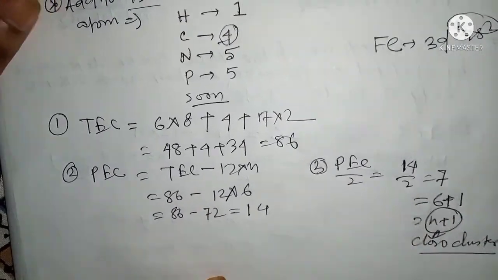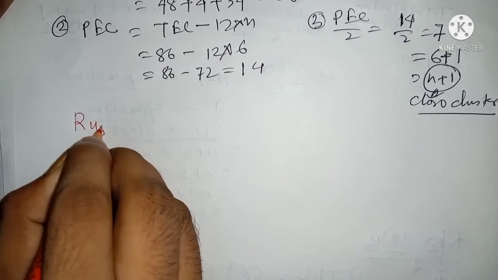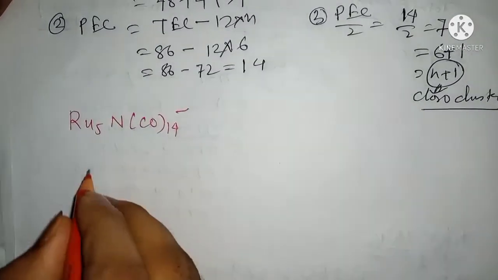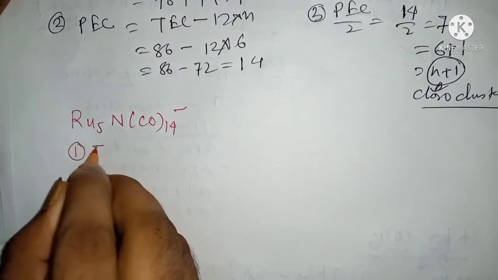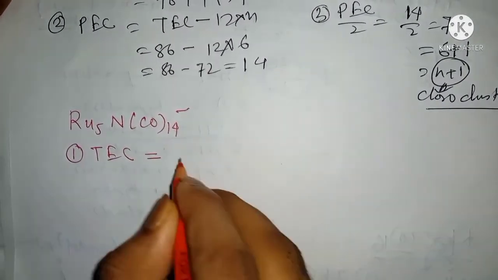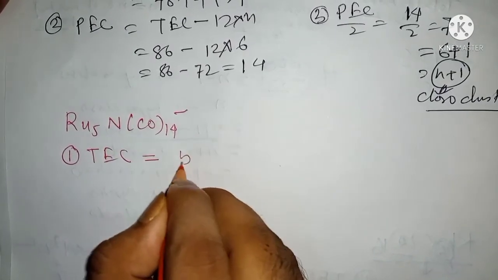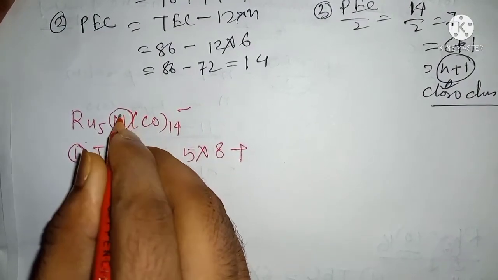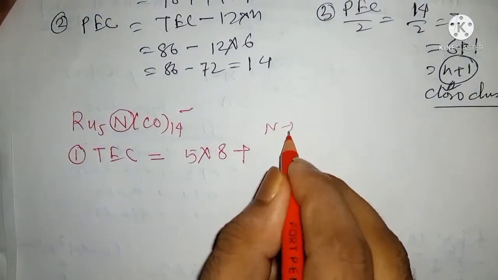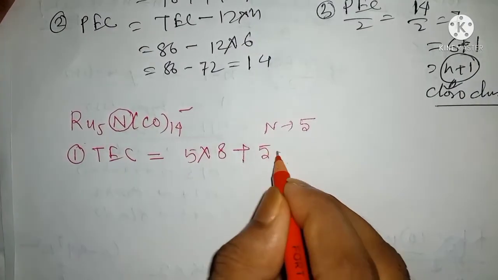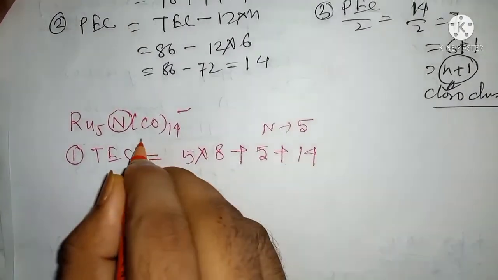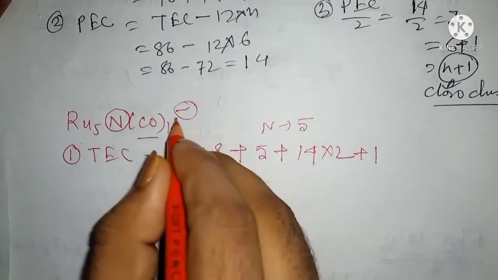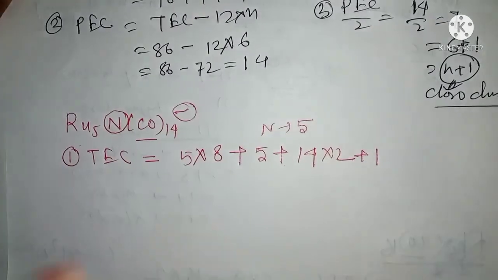Now another example, [Ru5N(CO)14]minus. First calculate the total electron count. This is ruthenium 5 into 8 electrons, plus nitrogen, which is in the interstitial position and contributes 5 electrons, plus 14 CO into 2, plus 1 for the negative charge. For negative charge it is plus 1, for positive charge it is minus 1.